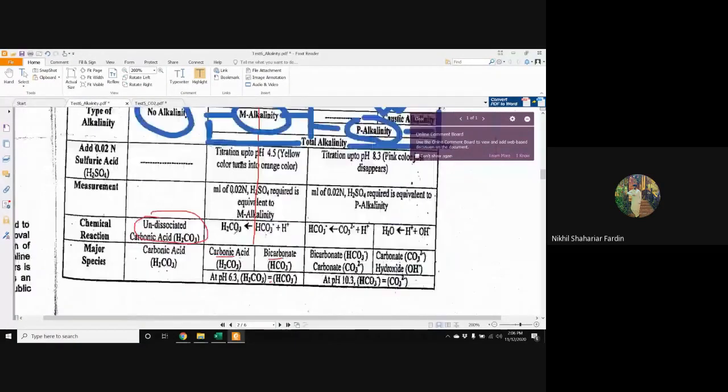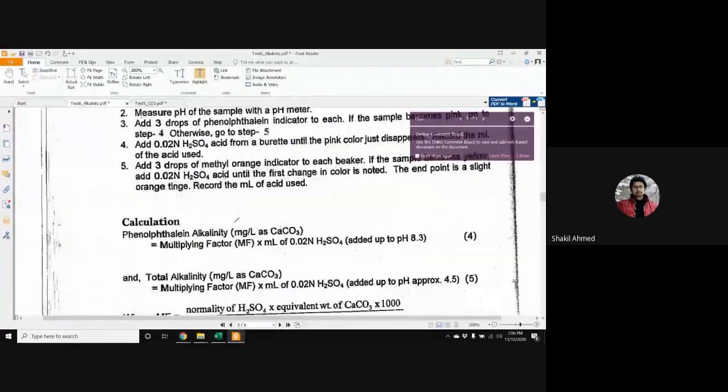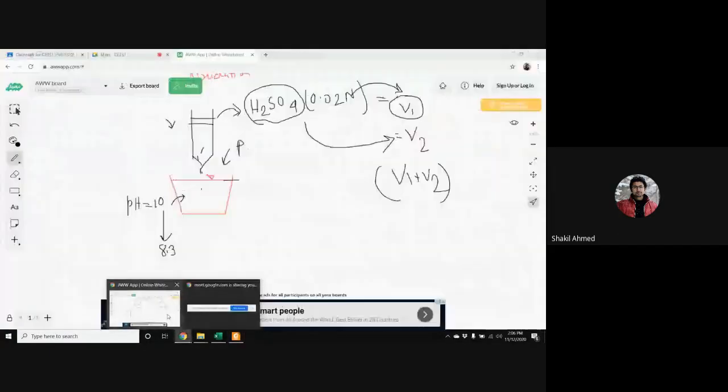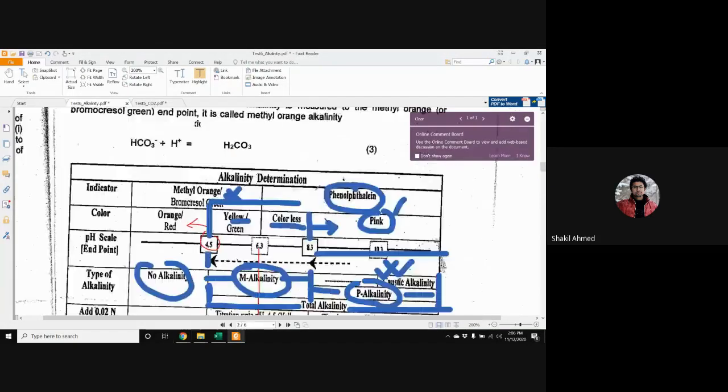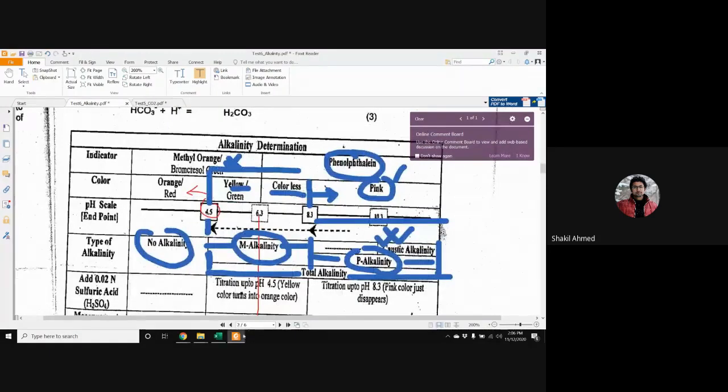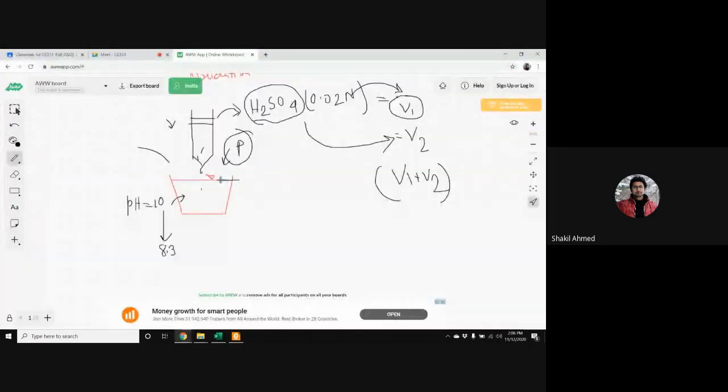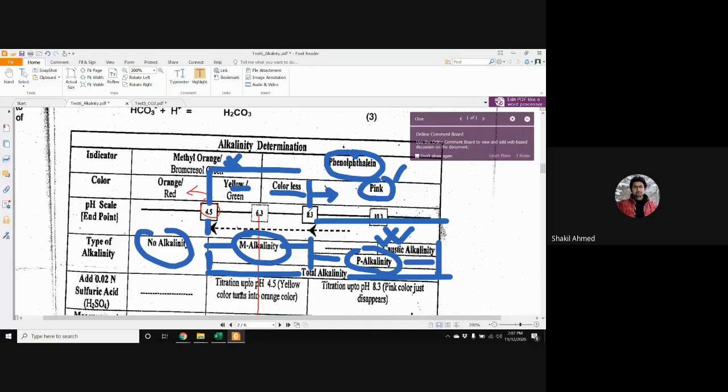Now here is the catch. At the very beginning, we added what? Phenolphthalein, right? And it turned into pink. But instead of pink color, if you had found that after addition of phenolphthalein it was colorless, that means your pH is less than 8.3.